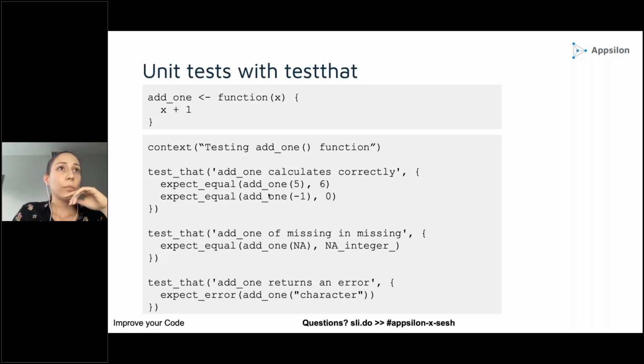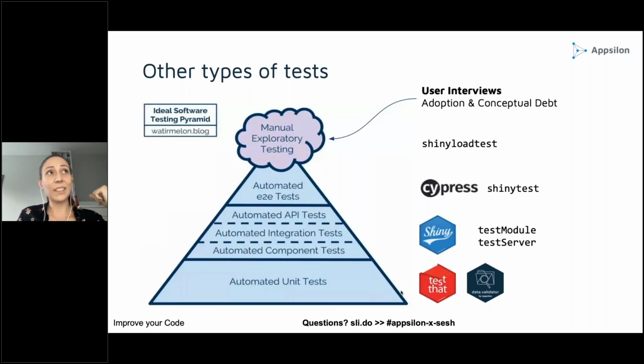And the second one, when you're choosing data to test, make sure that you are testing different use cases. So like here, I'm checking positive values, negative values, NAs, and what happens if I put a character value in the argument.